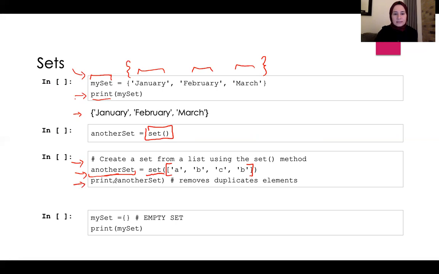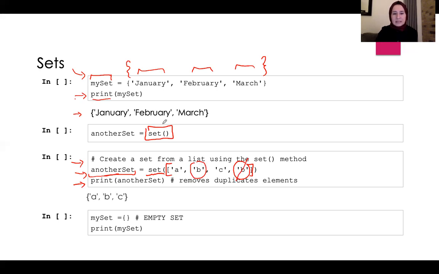When you print this set, as there are some duplicated items, such as B, which appears two times here, one of them will be removed as it becomes a set.